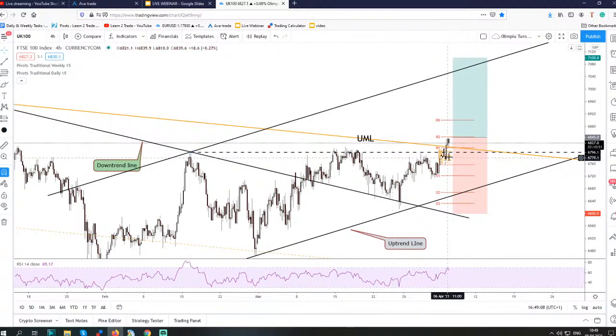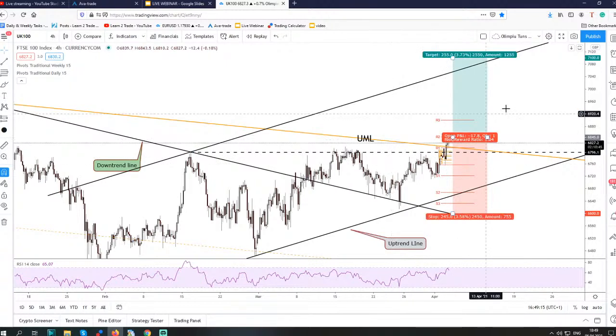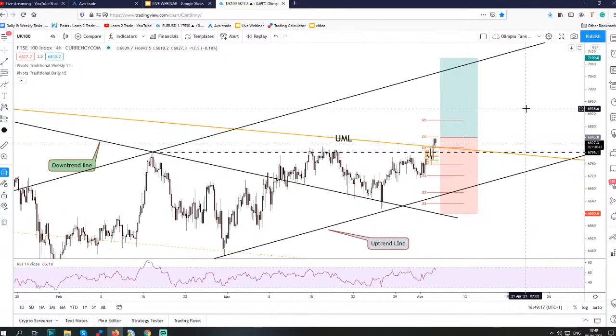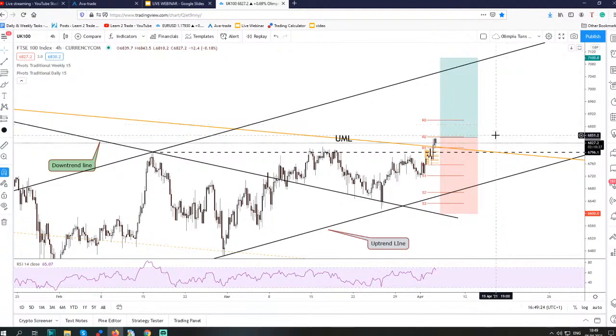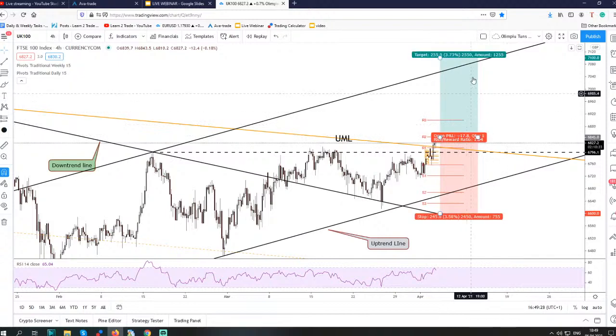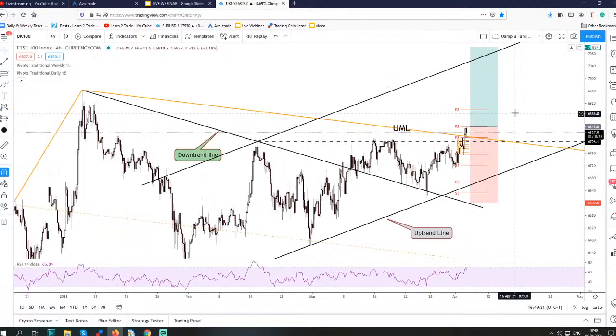It has registered an important and aggressive breakout here above the former highs, above this upper medium line, so it could continue to increase in the short term. Maybe we'll have several retests of the R1 of the upper medium line, but a new higher high closing above R2 could really confirm a further increase on this index. Okay.